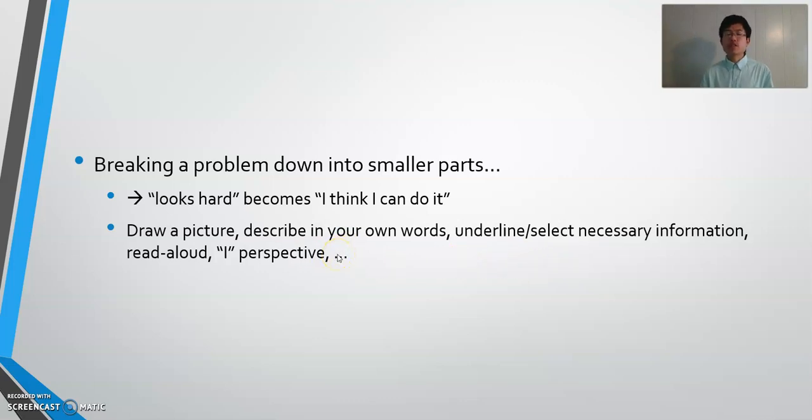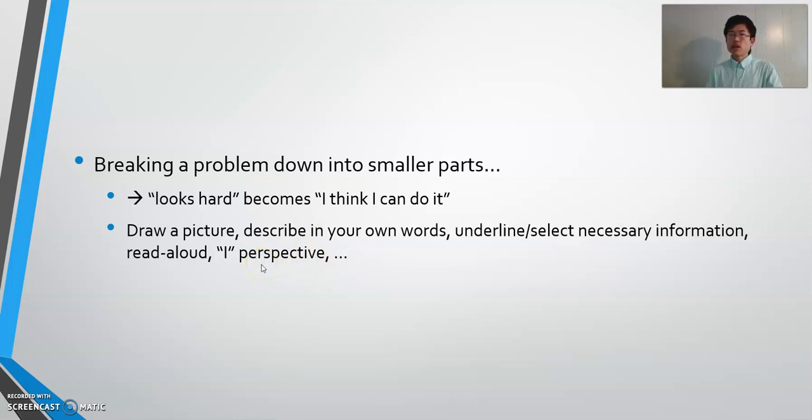Read aloud. Reading aloud allows you to listen, using your ear and your eye and your mouth. So you're using multiple senses, activating different parts of your brain, right? And also I perspective.